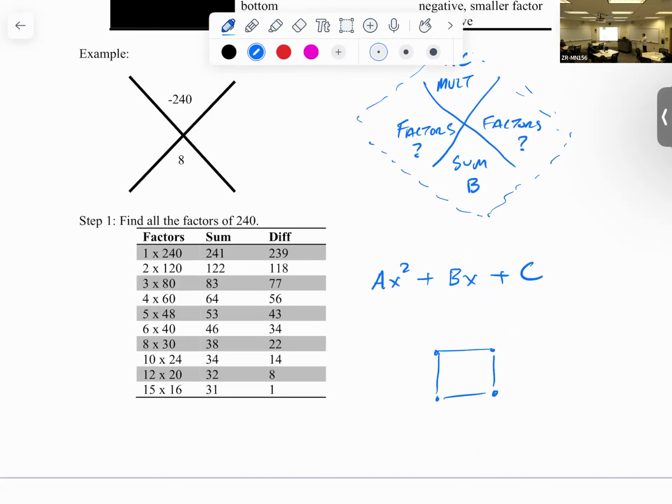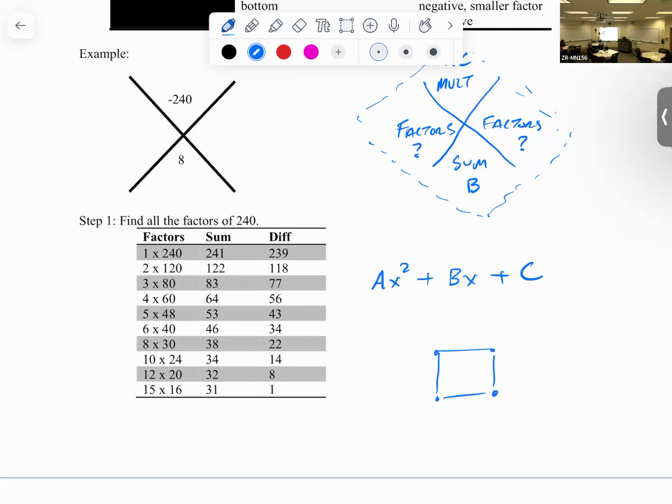If you struggle to run through the combinations, for example, I started with a tough one so we could see this. What multiplies to negative 240 and sums to 8? That's not one I could think of off the top of my head. But what I can identify, if that's negative and that's positive, what are the signs of the 2 values? A negative and a positive.